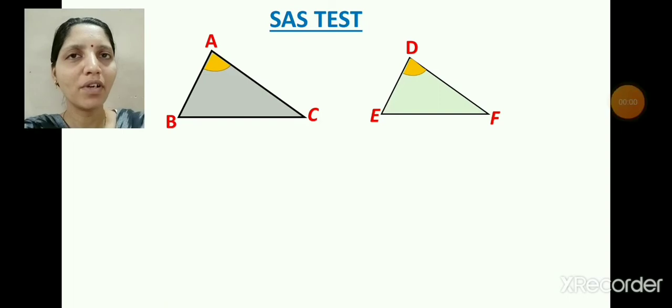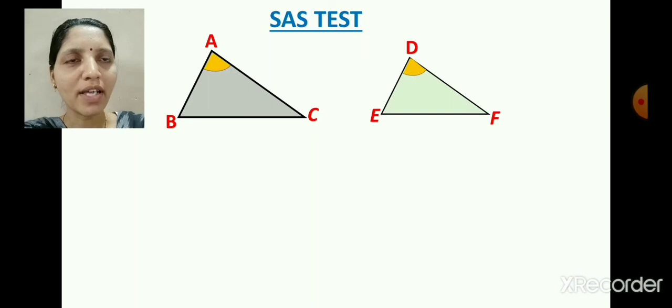Then we have learned the side angle side test. What are we going to consider in this test? Yes, we are going to consider two pairs of corresponding sides and one pair of corresponding included angles. Now let's see which are the two sides we are going to consider: side AB and side DE, side CA and side FD. And which is the included angle here?